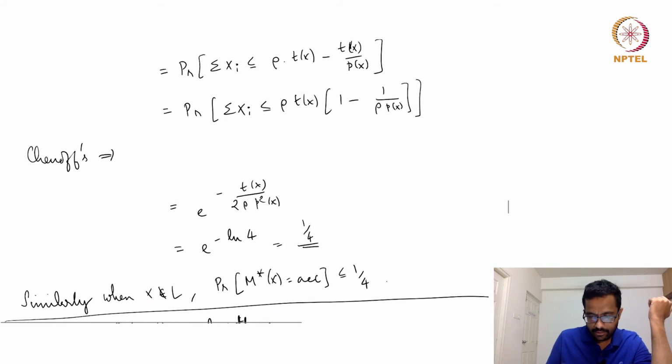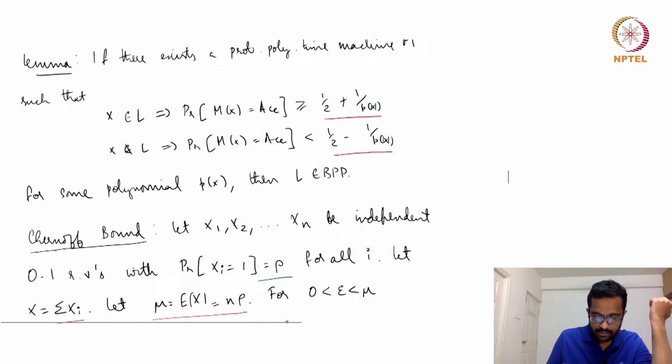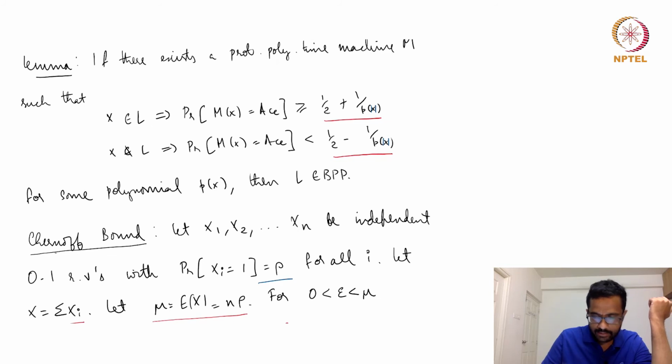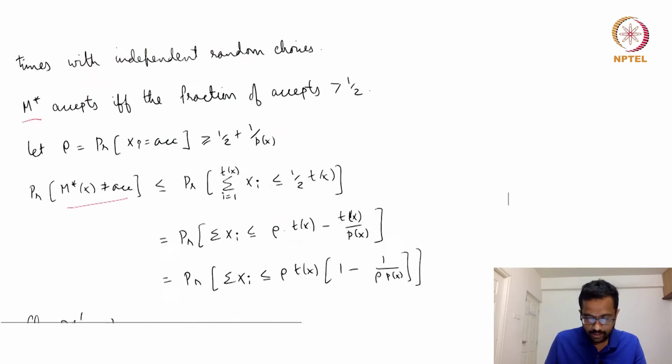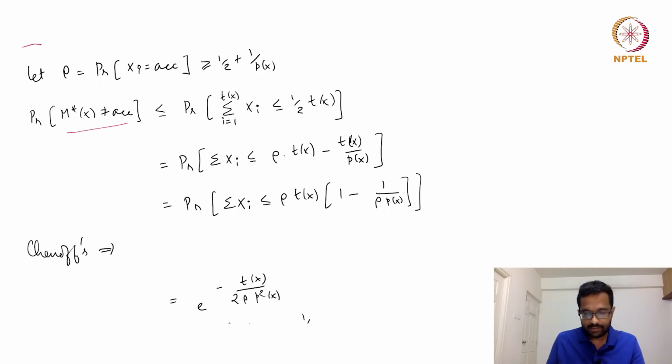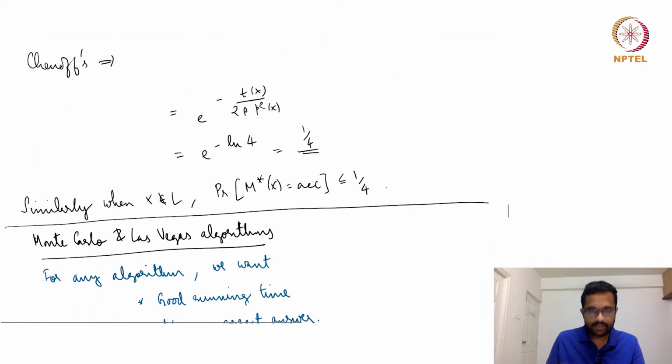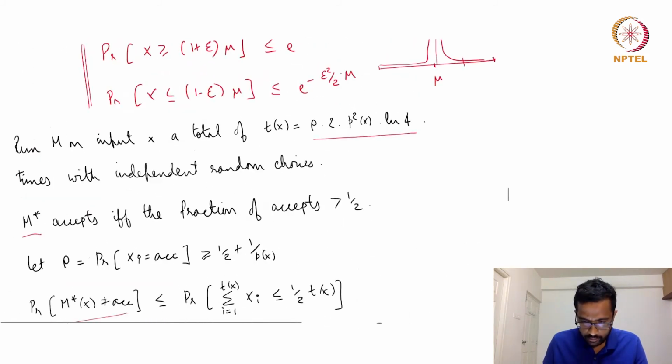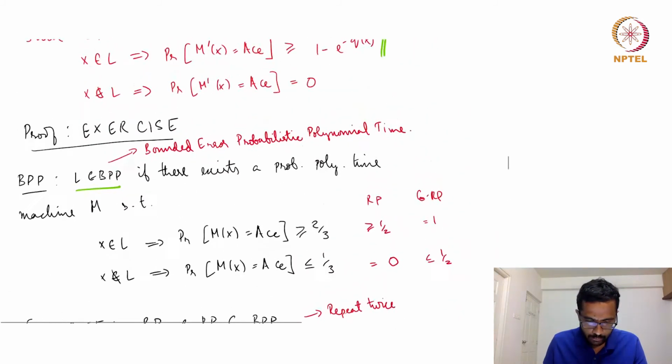Which means that when x is in the language, it will be accepted with probability at least 3/4, and when x is not in the language, it will be accepted with probability at most 1/4, which is better than the 2/3, 1/3 that the BPP definition suggests. So this is what I want to say about BPP.